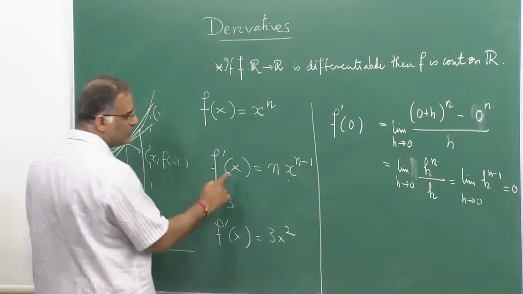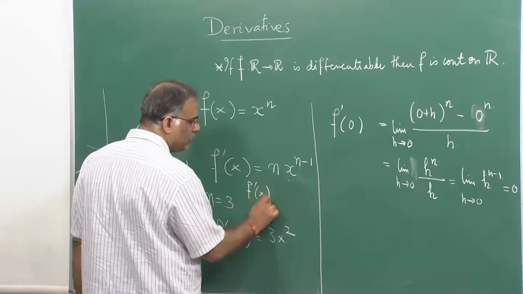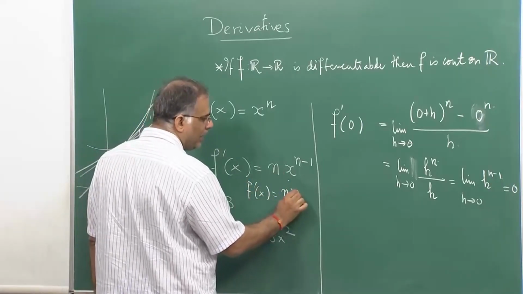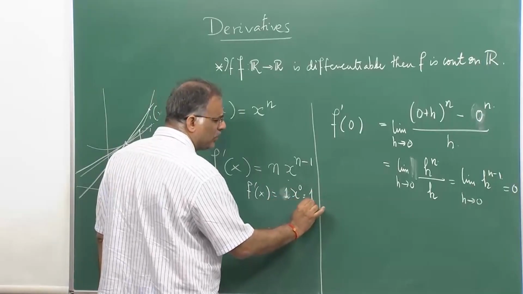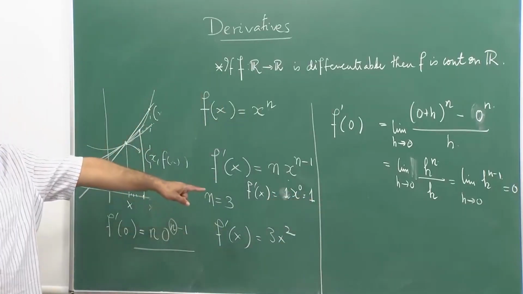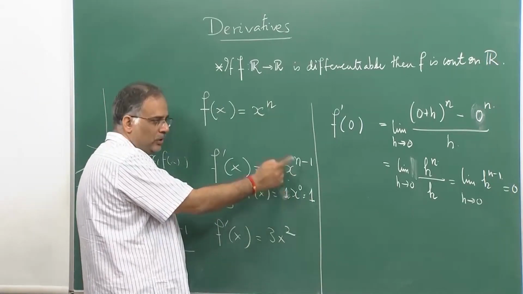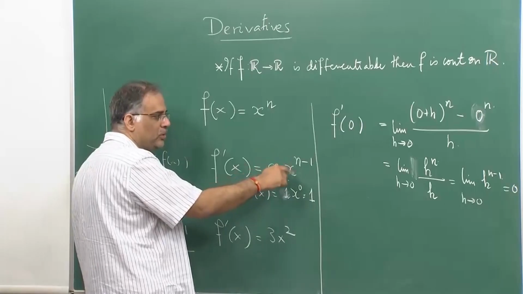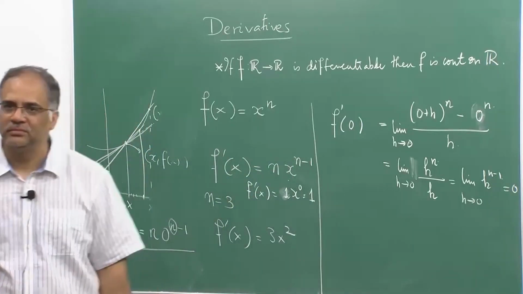So if you put any non-zero x, so if n is equal to 1, then f dash x, and x is non-zero, will become n x to the power 0, and n is 1, so it will become nothing but 1. Or what about 0? You just cannot put 0 in here, because then 0 to the power 0 is undefined.